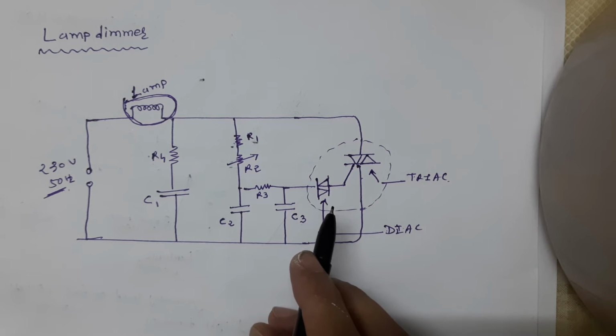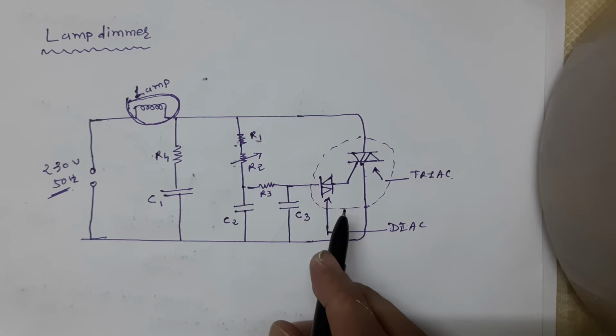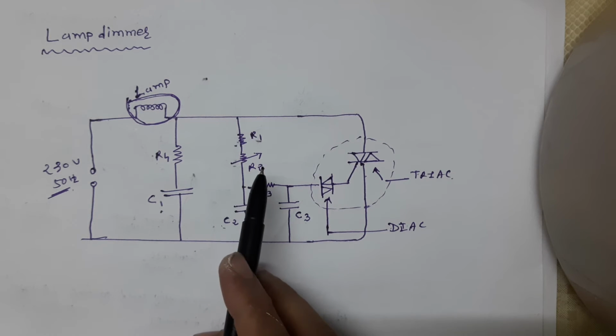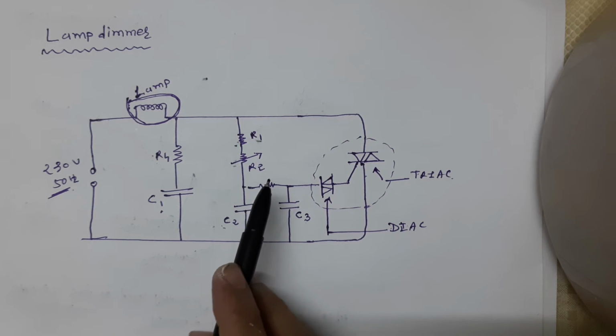How does it work? As the input voltage increases positively or negatively, C1 and C2 charge at a rate determined primarily by R2. When the voltage across C3 exceeds the breakover voltage, the diac is fired.